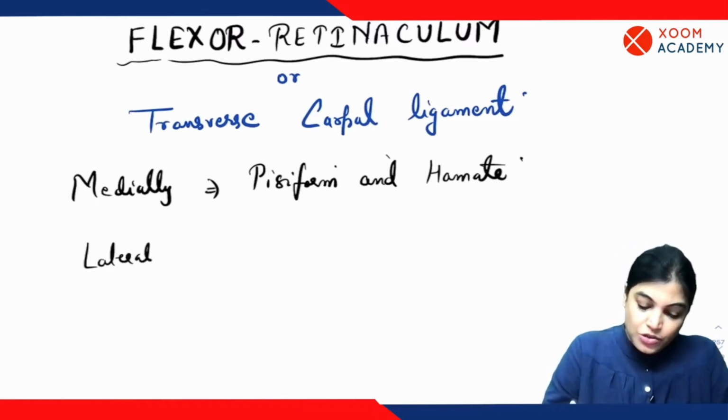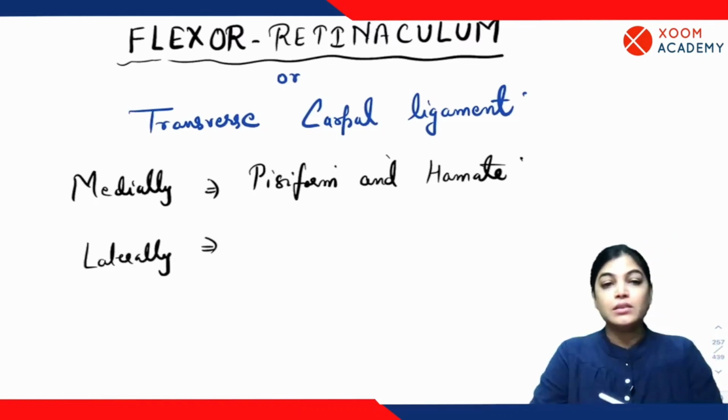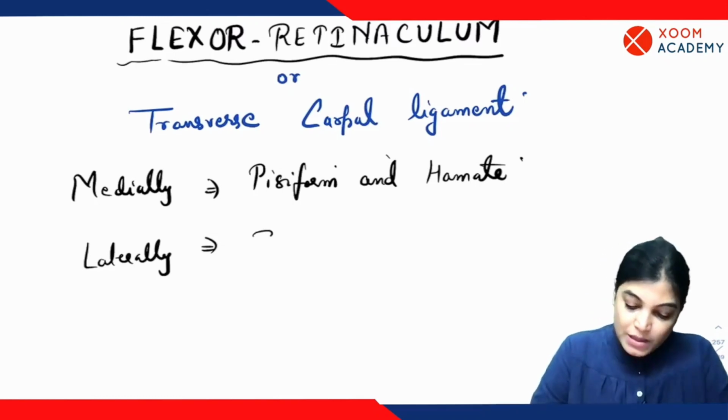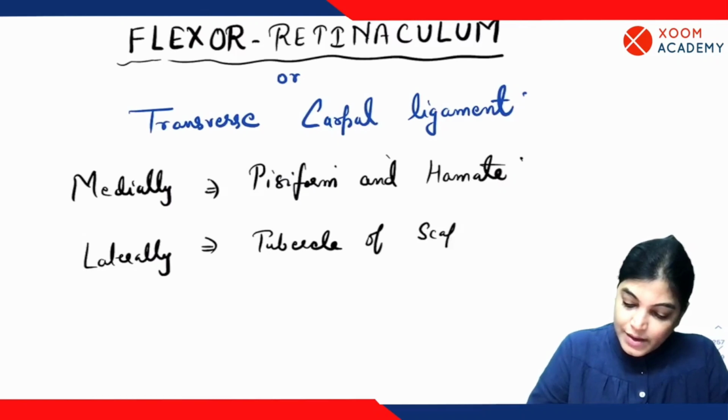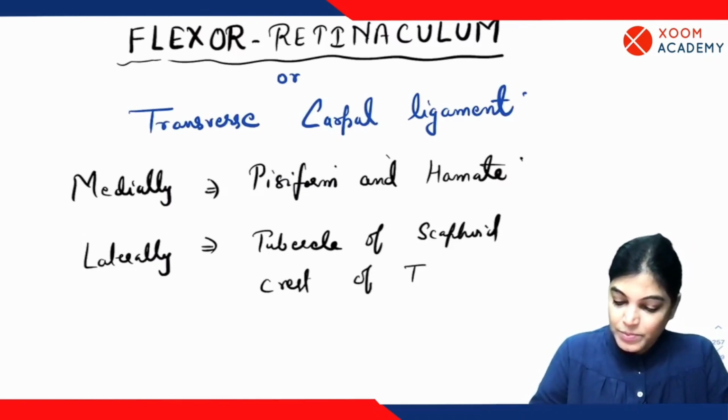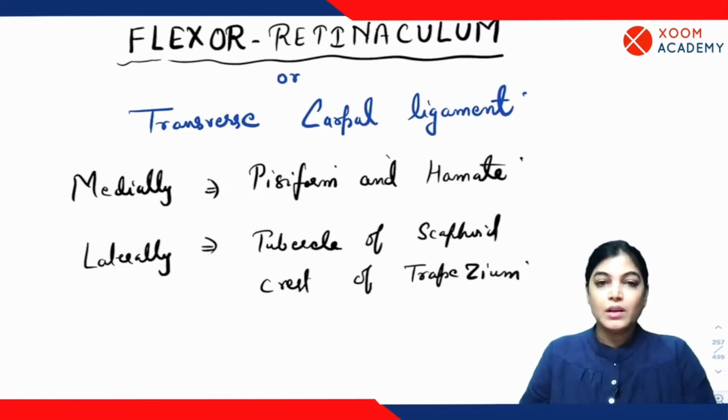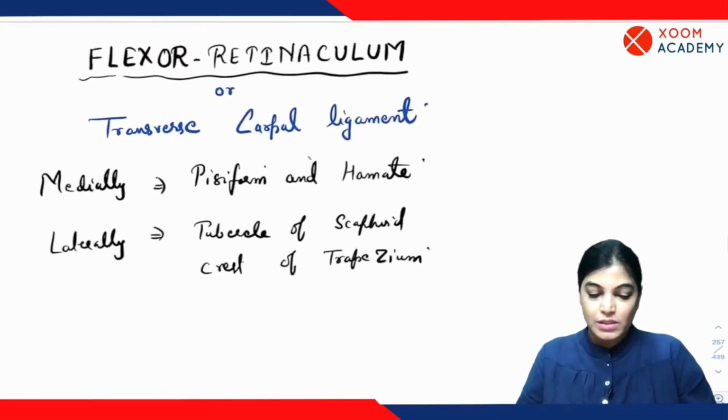Laterally, it is attached to two other carpal bones, that is the tubercle of scaphoid and the crest of trapezium.